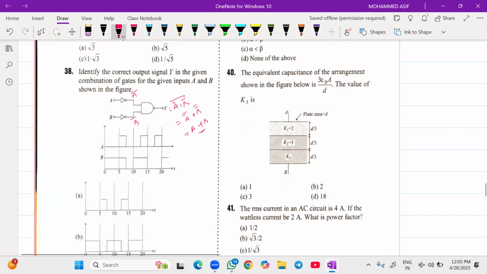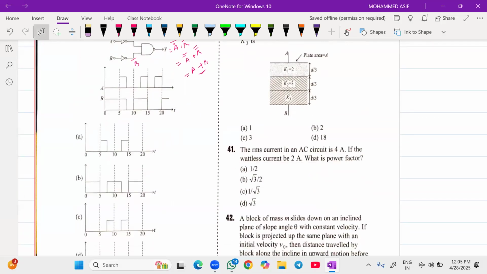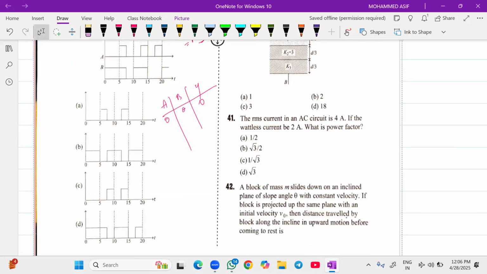So A plus B means what will be the output? Can anyone tell me? Write the truth table for A plus B. This is A, this is B, this is Y. For 0, 0, Y will be 0.